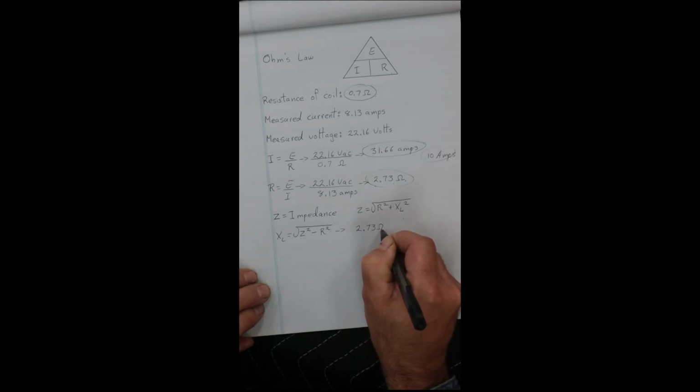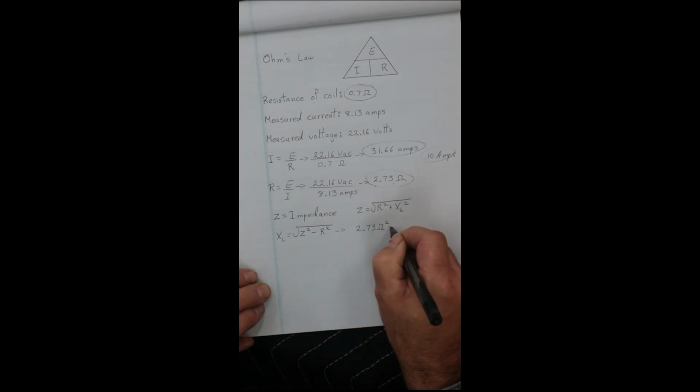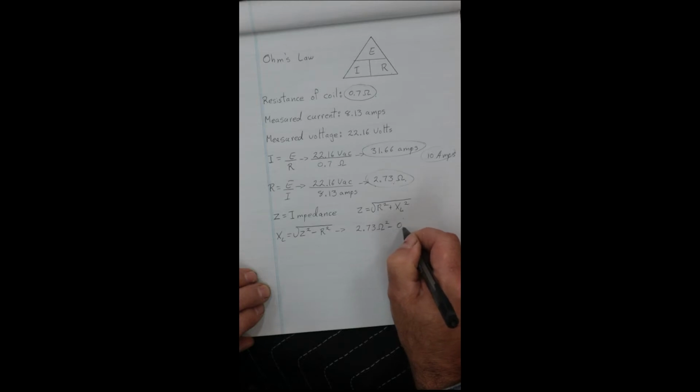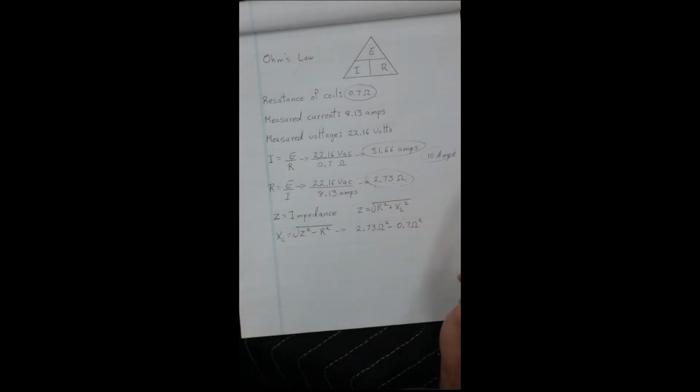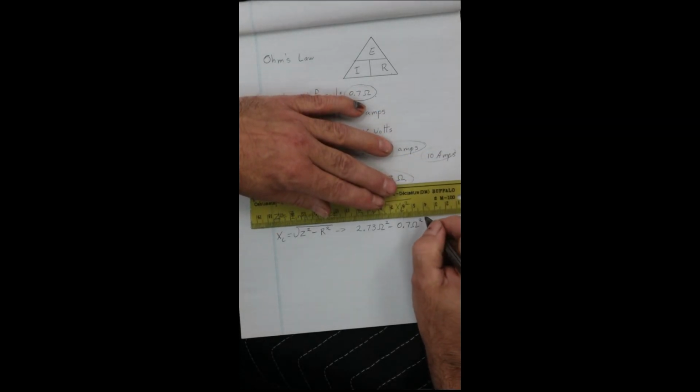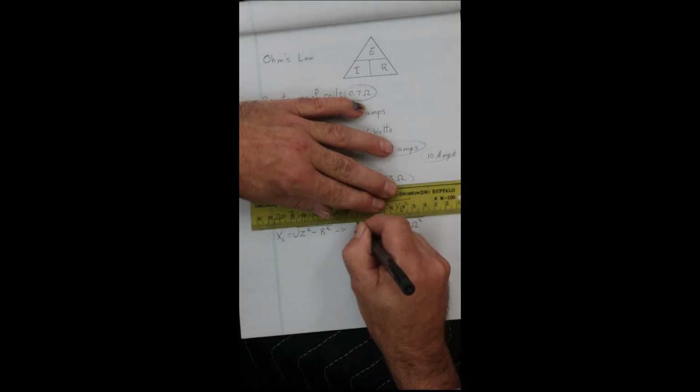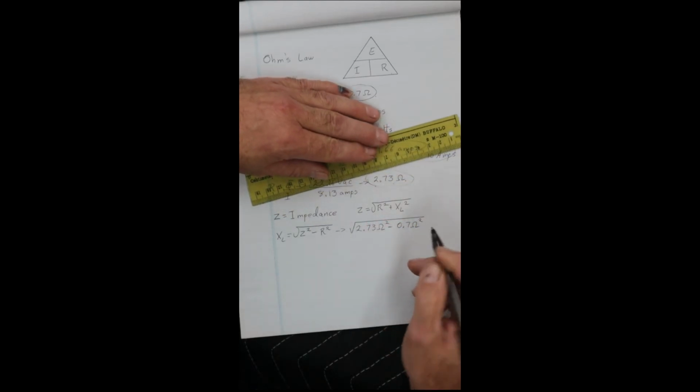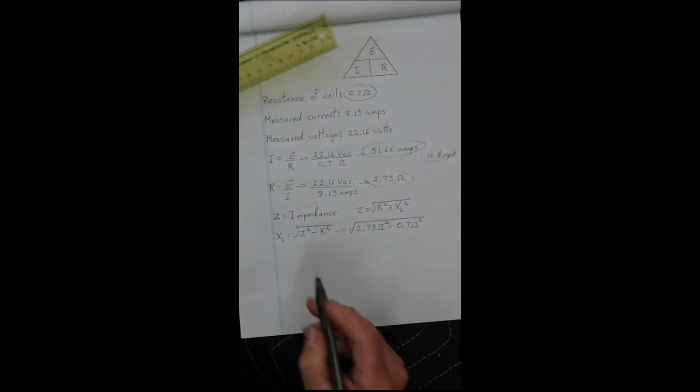2.73 ohms squared, subtract 0.7 ohms, which we've measured, squared, and we can't forget to do the square root of that.